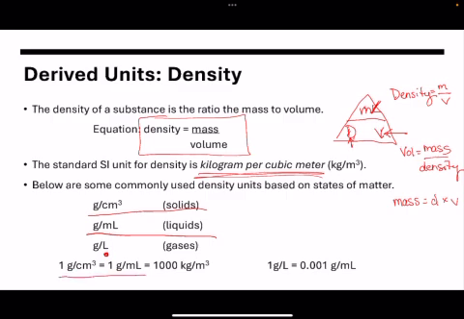And here I have some common conversion factors for you. Grams per cubic centimeter is equal to 1 gram per milliliter, which is equal to 1,000 kilograms per cubic meter. Or if you're dealing with gases and you have 1 gram per liter, that is equal to 0.001 grams per milliliter.